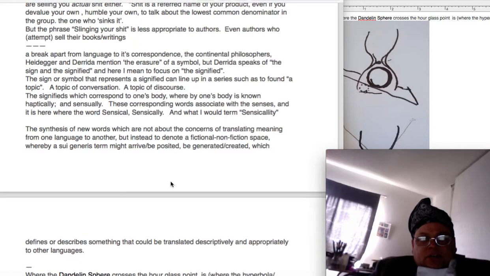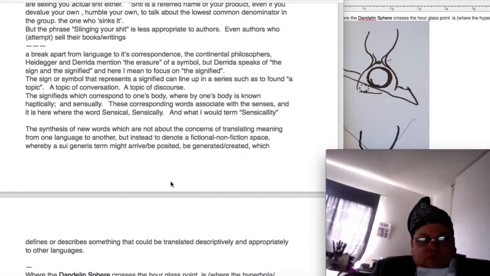The signifieds which correspond to one's body, whereby one's body is known haptically and sensually, these corresponding words associate with the senses. And it is here where the word sensical, sensicality, and what I would term sensicality.